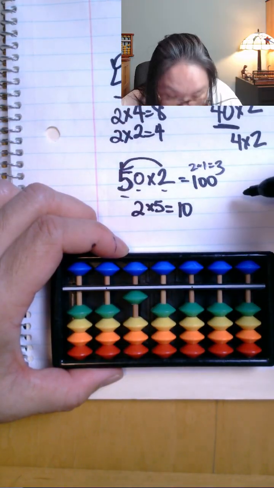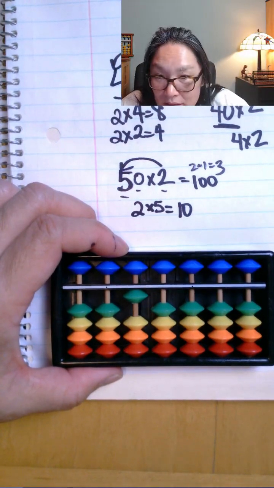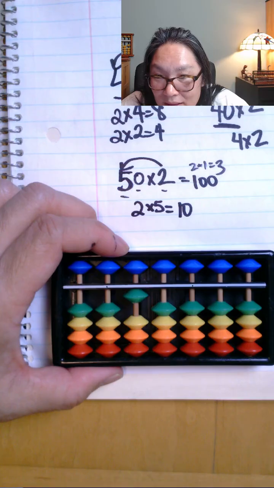We could do another one. Let me see if I can find a better one. Well, better than mine. This was a good one. Sai gave me a good one.